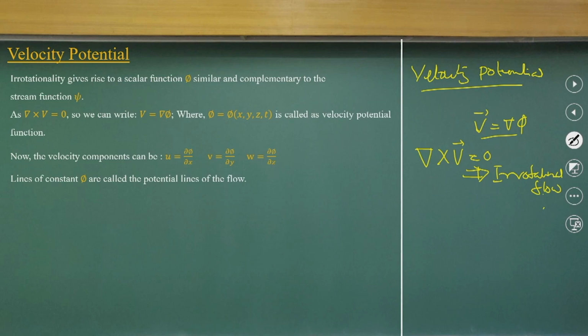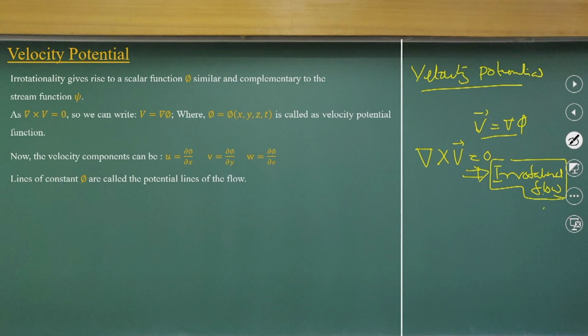And the velocity potential function we are defining is 3-dimensional, x, y, z, and also has the time component. But the condition is that the flow should be an irrotational flow field, or the regions where the rotational activities are merely negligible. Okay.